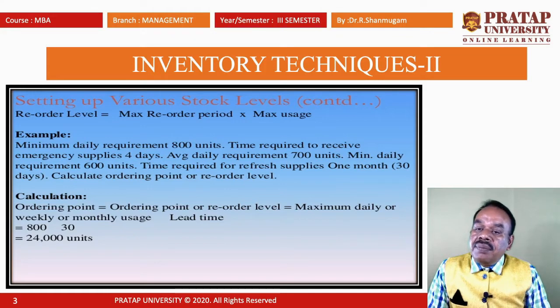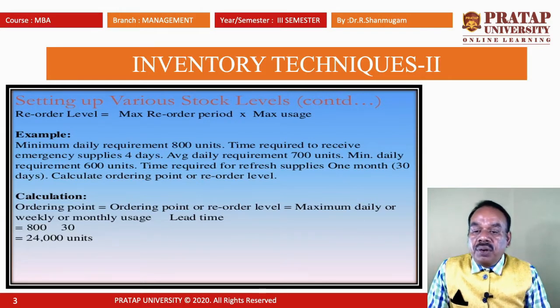Maximum daily requirement 800 units. Time required to receive emergency supply 4 days. Average daily requirement 700 units was given. Minimum daily requirement 600 units. Time required for fresh supply 1 month, 30 days. Calculate the ordering point or reorder level.